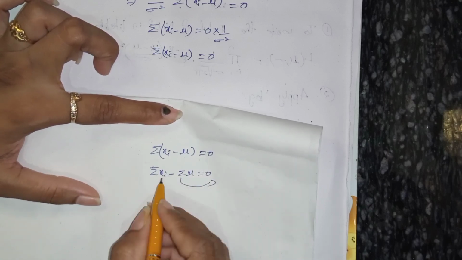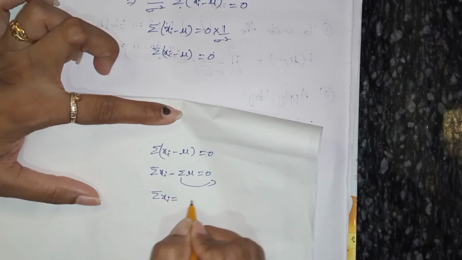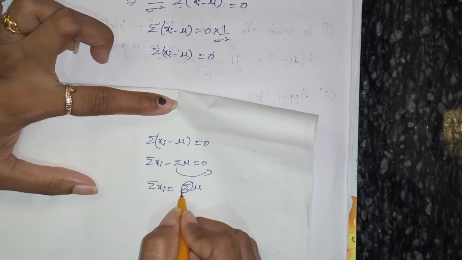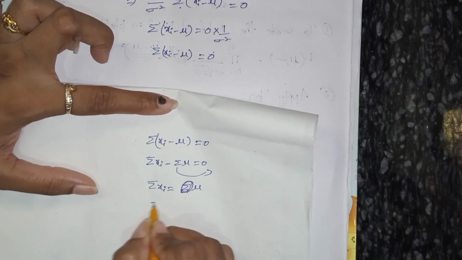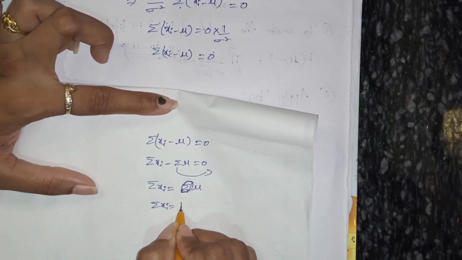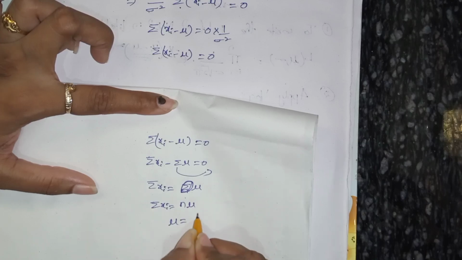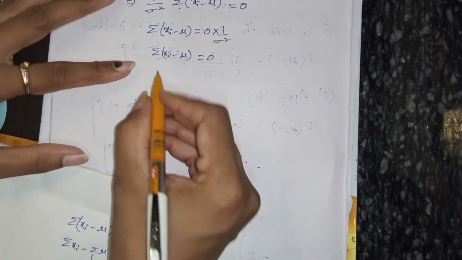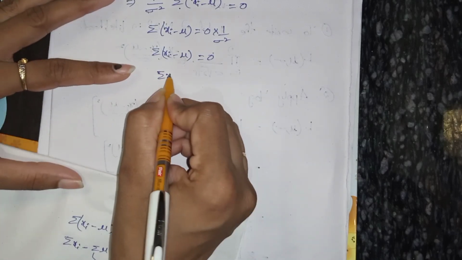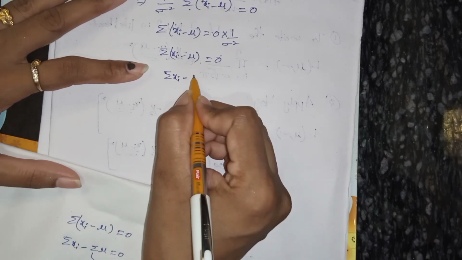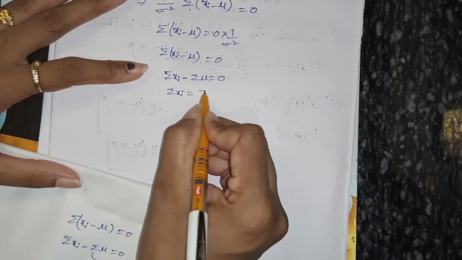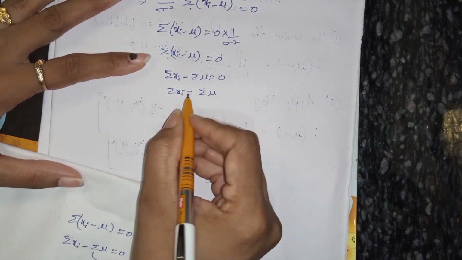This one from LHS to RHS I am taking, so summation xi equals summation mu. In place of summation, what can I write? n, no? So summation xi equals n mu. So mu equals, what is the formula? 1 by n summation xi. So this value from RHS to LHS, it is proved now. So summation xi minus summation mu equals 0, so summation xi equals summation mu, and in place of summation we can write n.